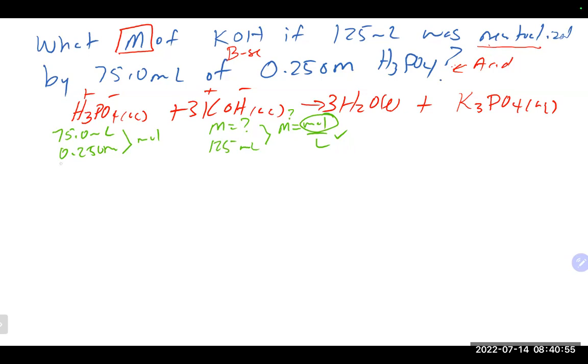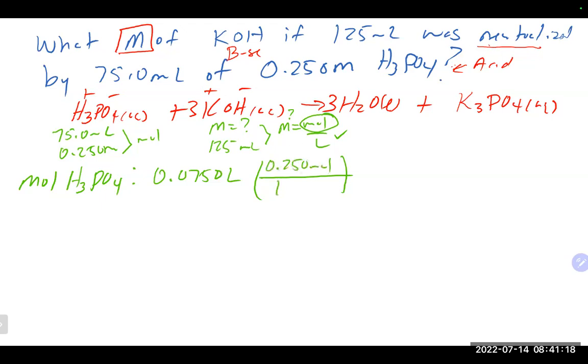So to do that, we'll start with getting the moles of our phosphoric acid. So we do need to convert our volume into liters. So we need to divide by 1,000 or move the decimal place, 0.075 liters, times our molarity, which again, I'm going to get rid of the big M and use it as 0.25 moles per liter of H3PO4.